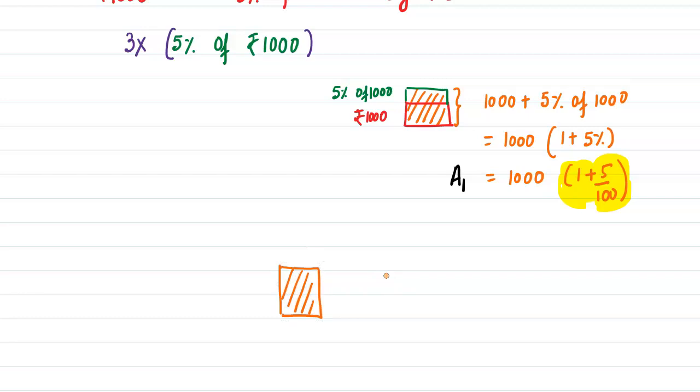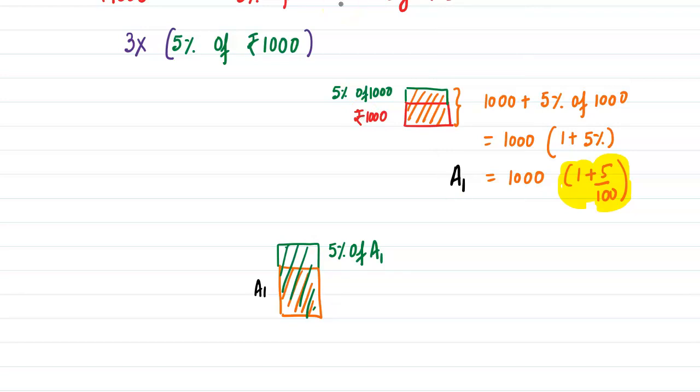Now this is A1 and it's going to increase by 5% of A1. Let's show the money in green. So you have this much amount.